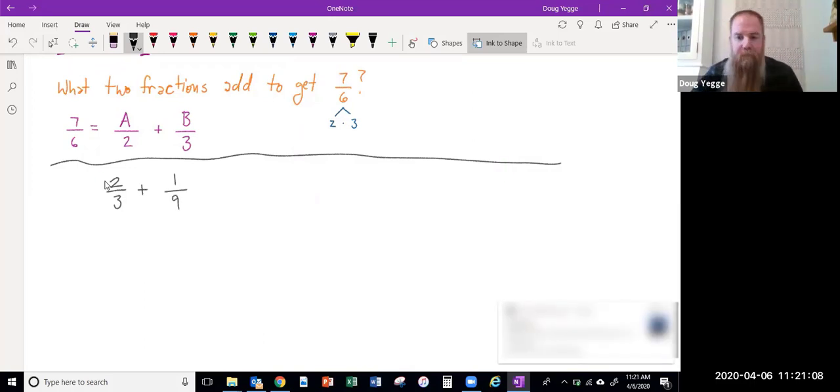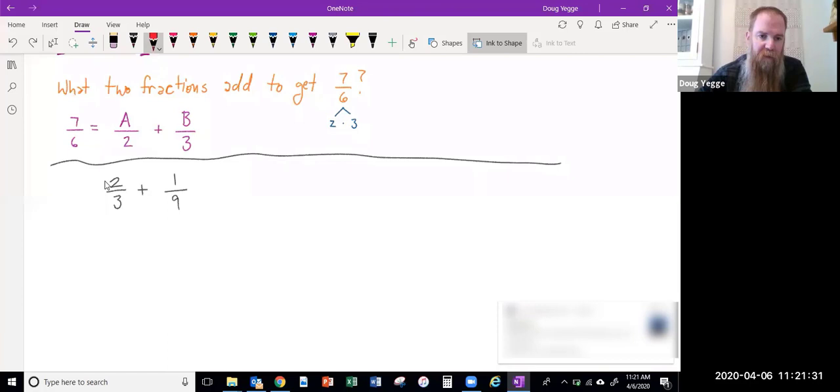Okay. So now let's think about how to add these two together. So you can see now that, again, these are different denominators of 3 and 9. But I don't need to multiply over here by 9 over 9. It's kind of a waste of time, because notice that 9 already has a factor of 3, right?